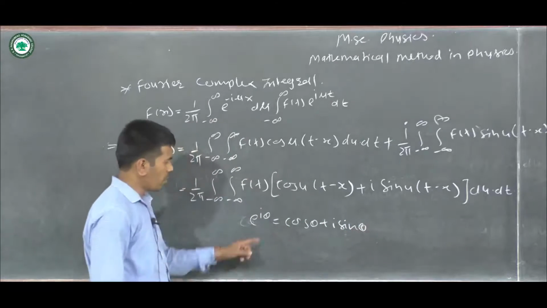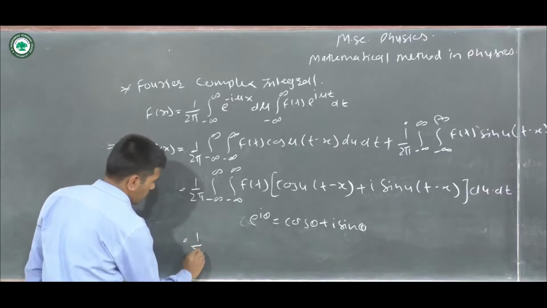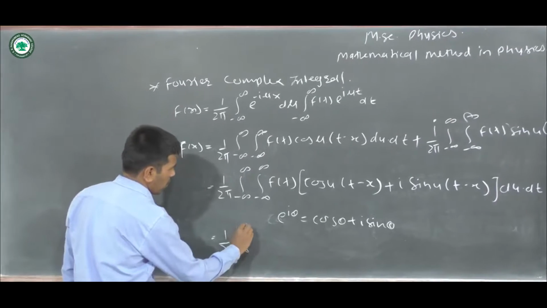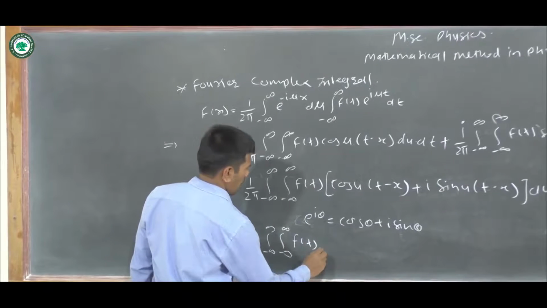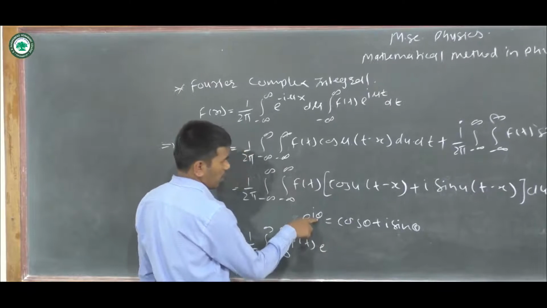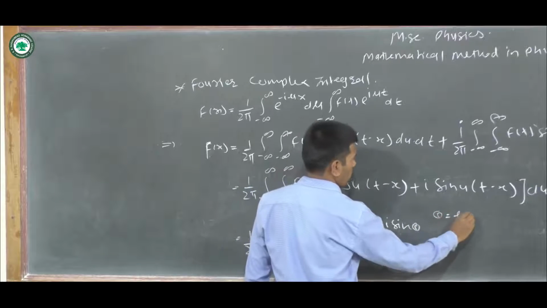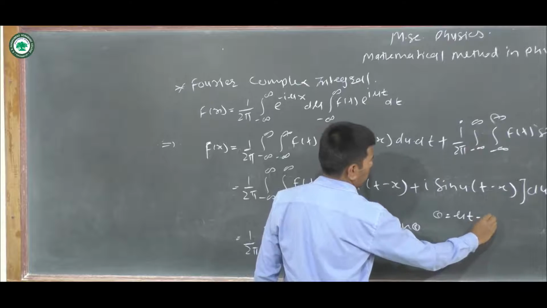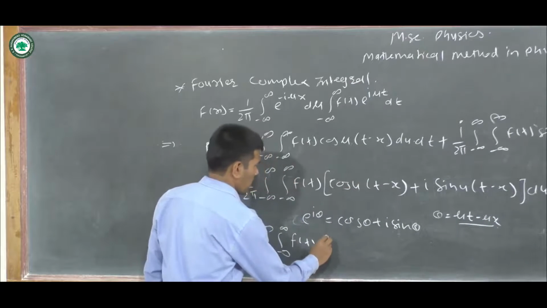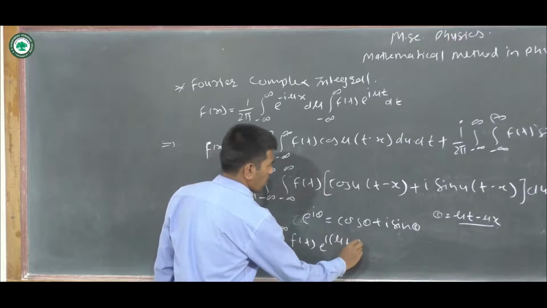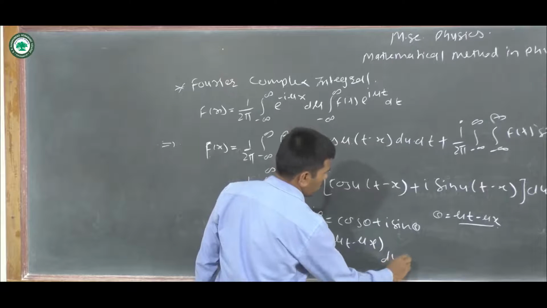So this trigonometric form we can write in the exponential form. Comparing, we can write θ = ut − ux, so it is e^(i(ut − ux)) du dt.